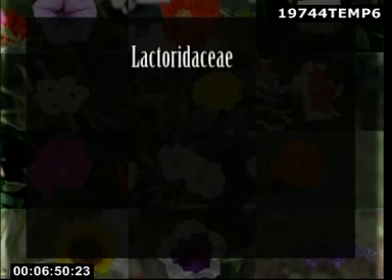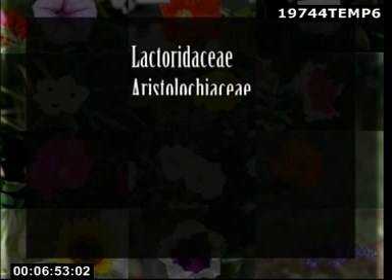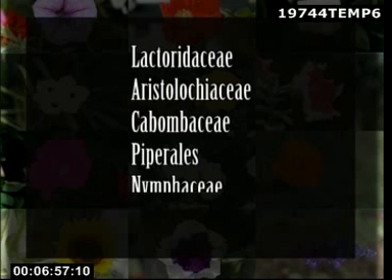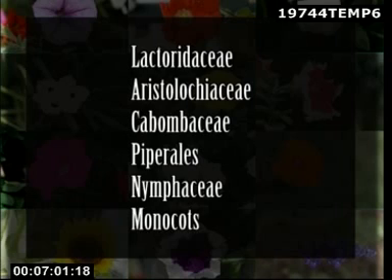The term Paleoherb was first used by Donoghue and Doyle in 1989 for a group of derivatives of Magnoliidae having anomocytic stomata, two whorls of perianth and trimerous flowers, including Lactoridaceae, Aristolochiaceae, Cabombaceae, Piperales, Nymphaeaceae and monocots.